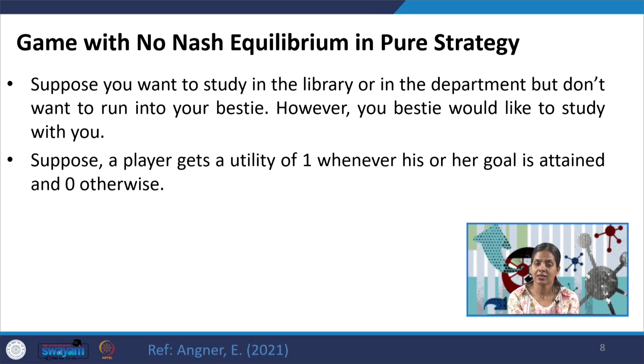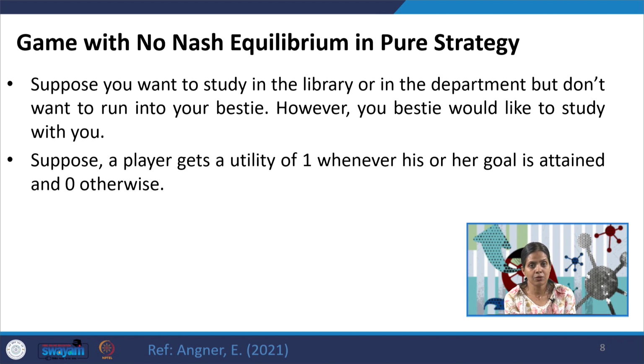Suppose a player gets a utility of 1 whenever his or her goal is attained and 0 otherwise. So, your goal is to study alone. If you get to study alone, then you will get a utility of 1. Your bestie's goal is to study with you, and if she gets to study with you, then she will get a utility of 1.